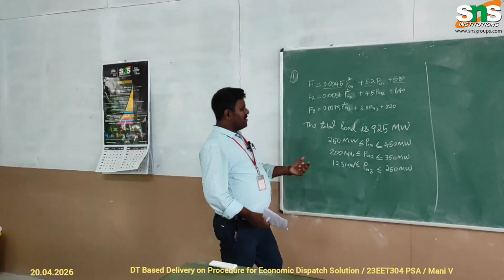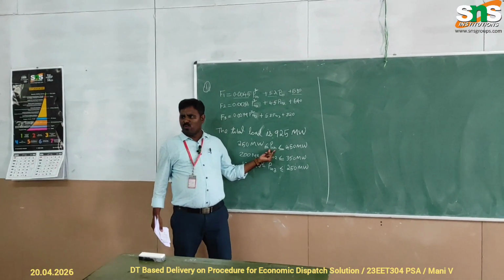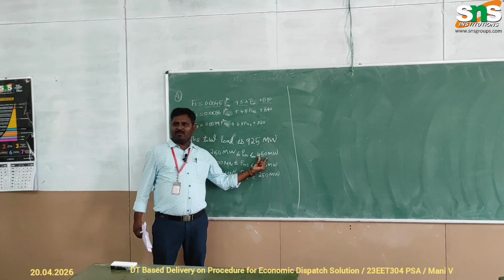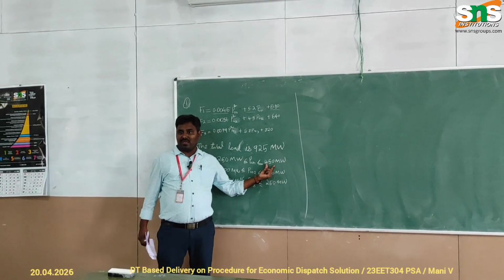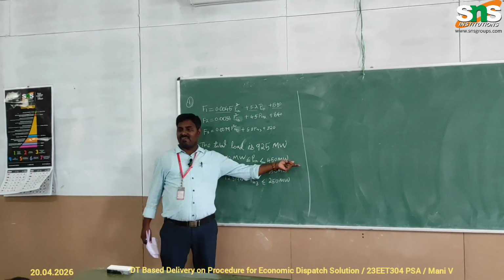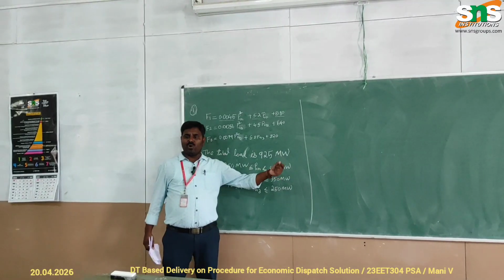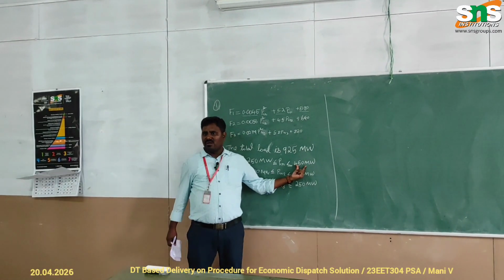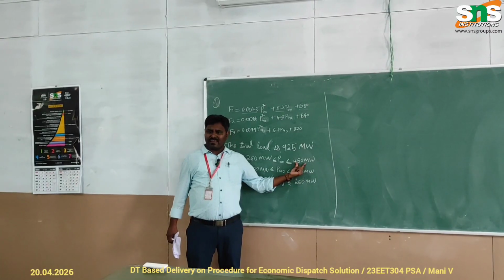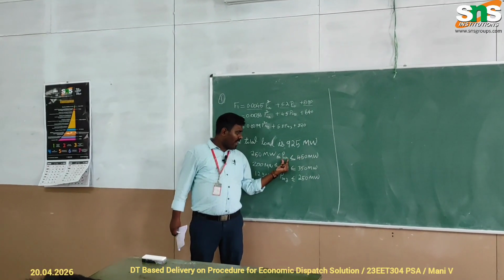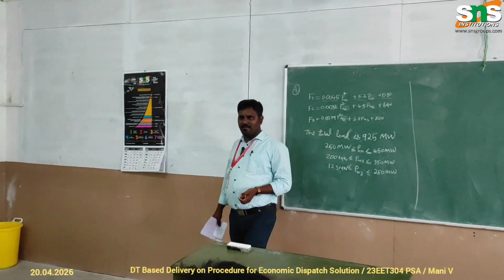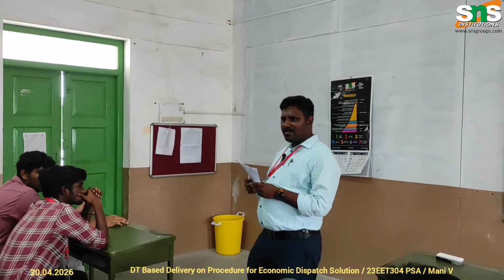Suppose the calculated value of PG1 is 500 megawatt, but the maximum limit is 450. The calculated value of PG1 is greater than the maximum value of PG1, so we have to fix PG1 equal to the maximum value of PG1.